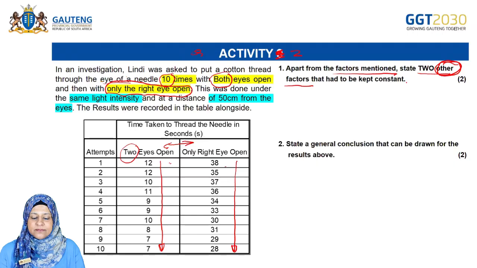That cotton thread cannot be a thin cotton thread the first time, and then thick string the next time, thick wool the following time. Maybe she's colorblind. You can't give her red in the first instance and then white the next time. It must be the same kind of cotton, the same thickness of the cotton.